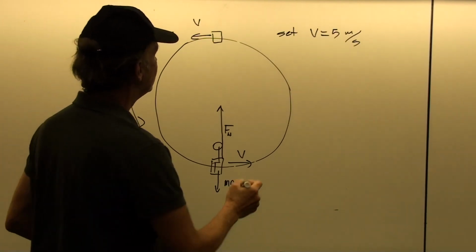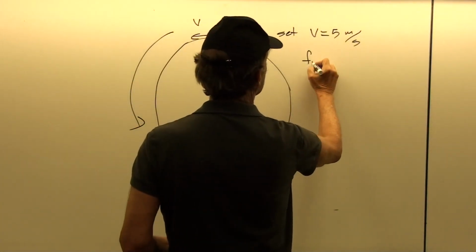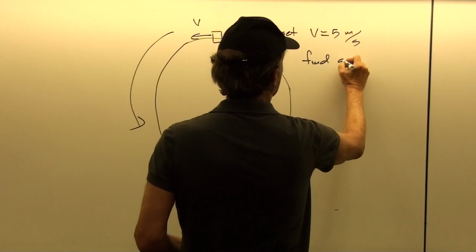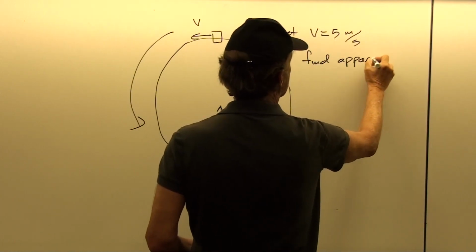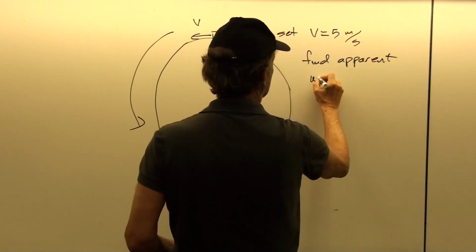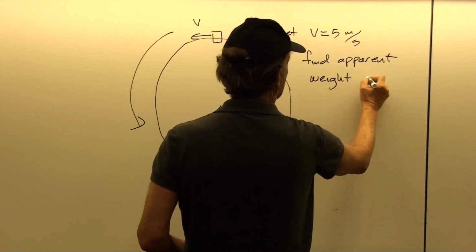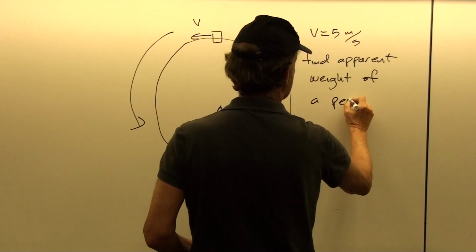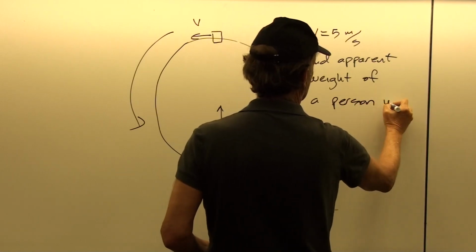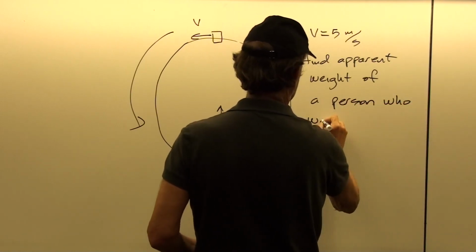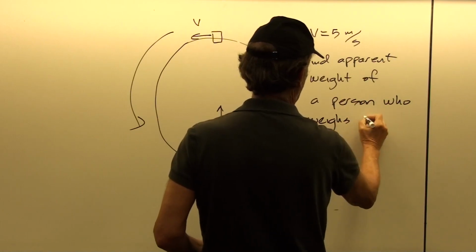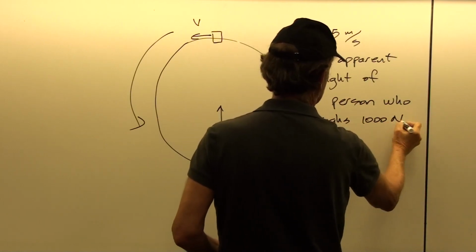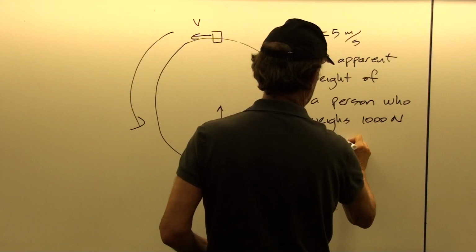So let's find the apparent weight of a person who weighs 1,000 newtons on the ground.